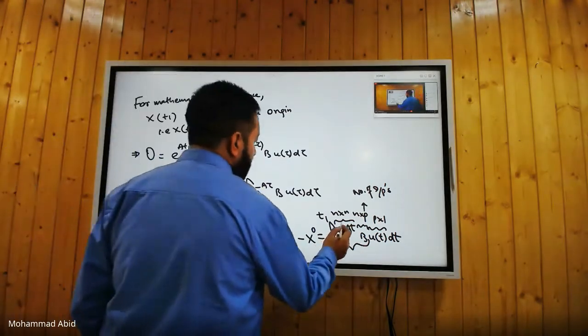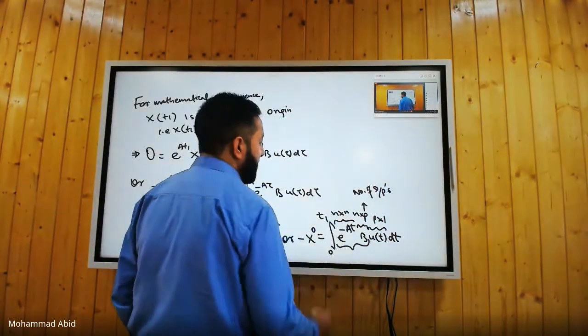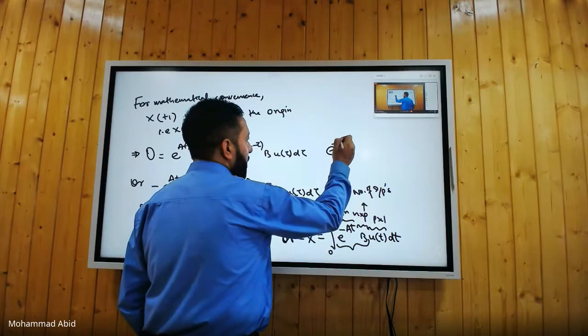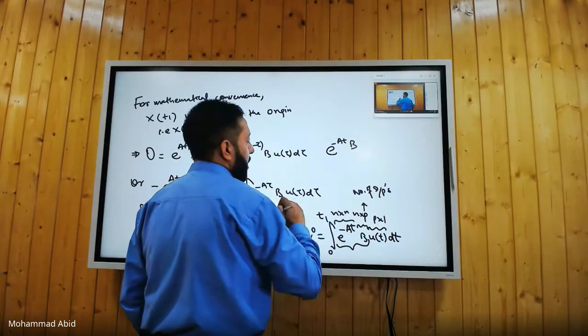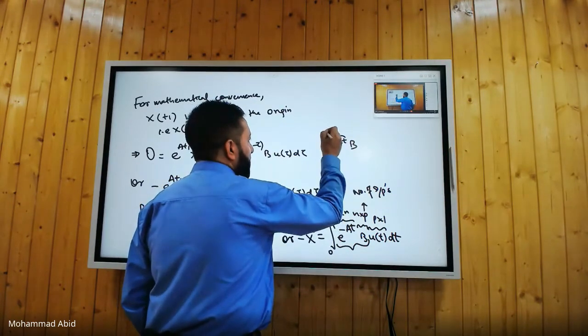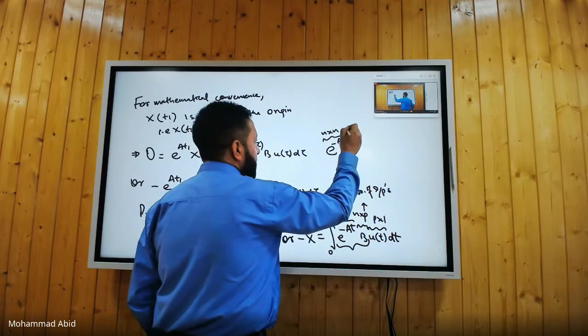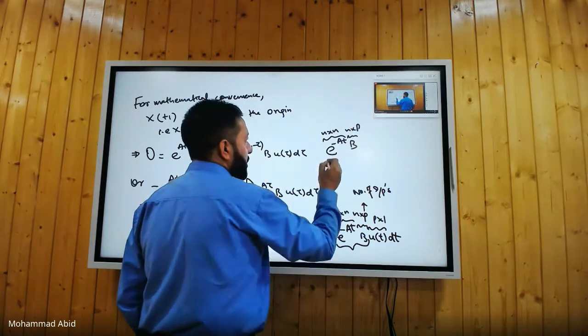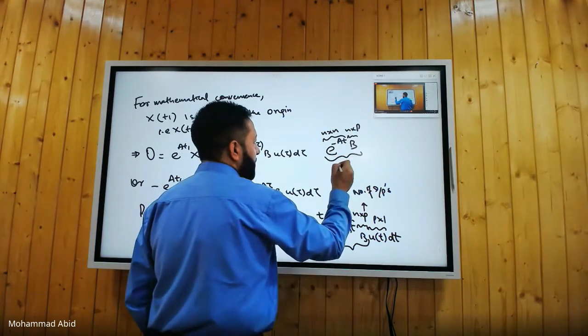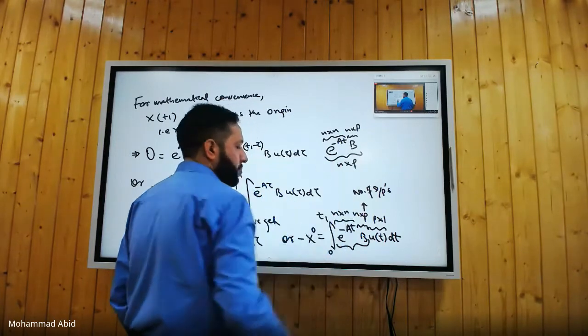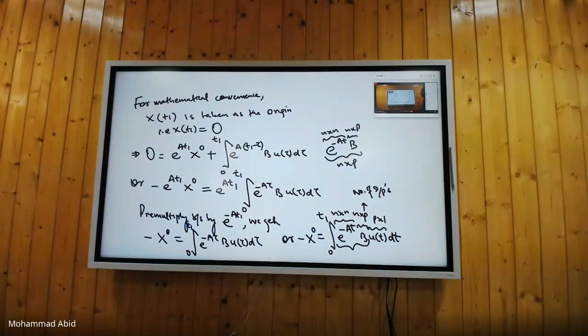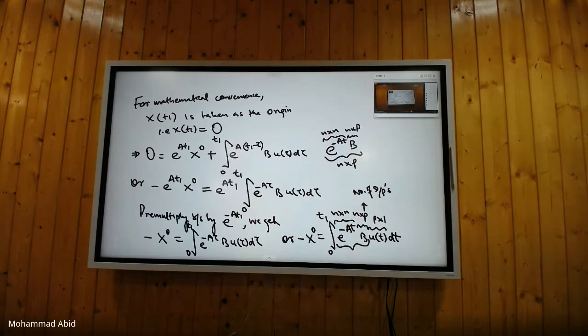So basically this e^(-At) B, the size of e^(-At) is n cross n, and the size of B is n cross p. So this matrix will be an n cross p matrix, that is, n rows and p columns. N is the number of states, p is the number of inputs.